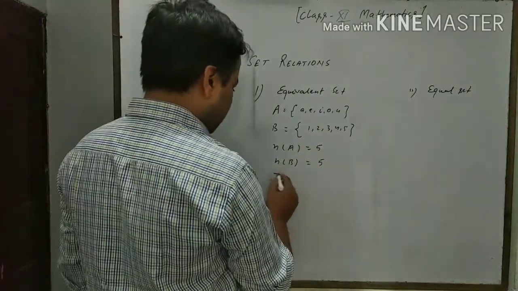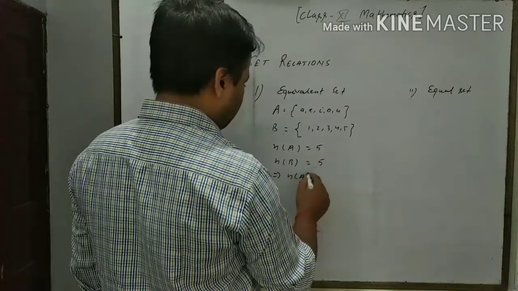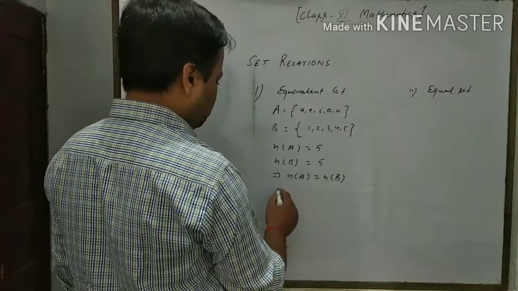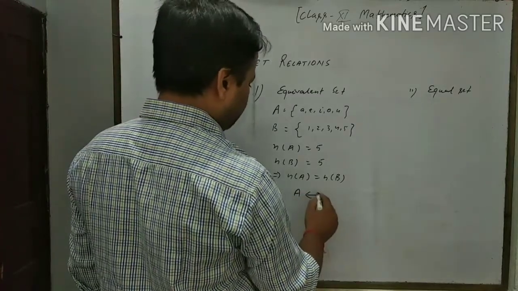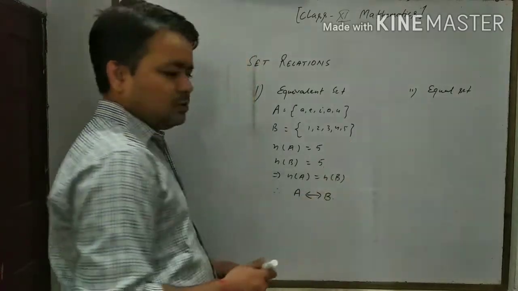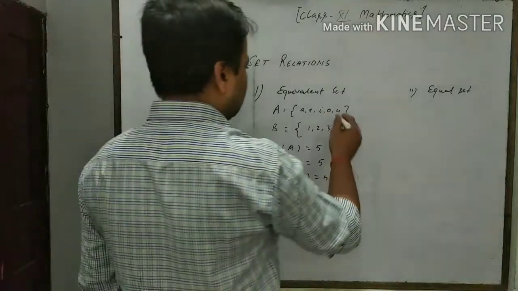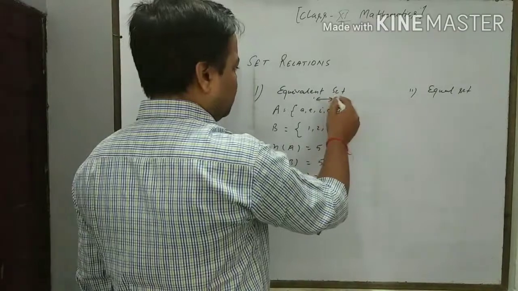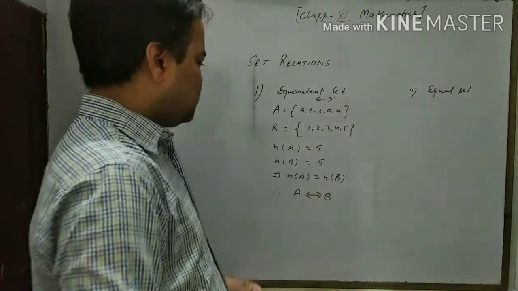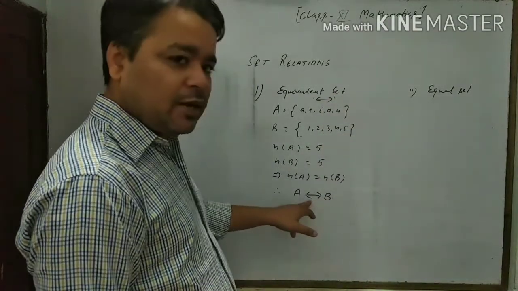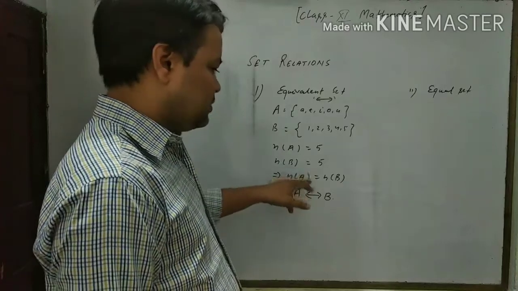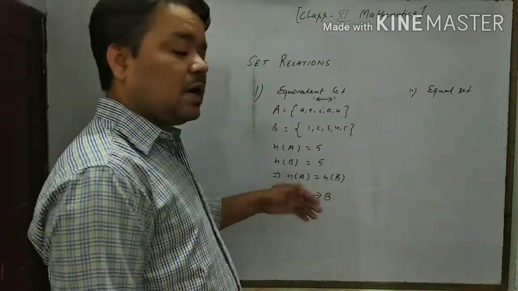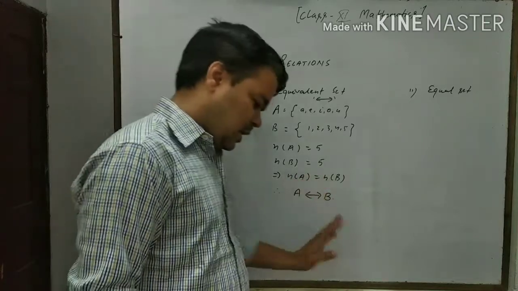So here we can write that cardinal number of A is equal to cardinal number of B. Therefore, set A will be equivalent to set B. This is the symbol of equivalent set. Two sets A and B will be equivalent if the number of elements, or we can say the cardinal number, of both sets are equal.